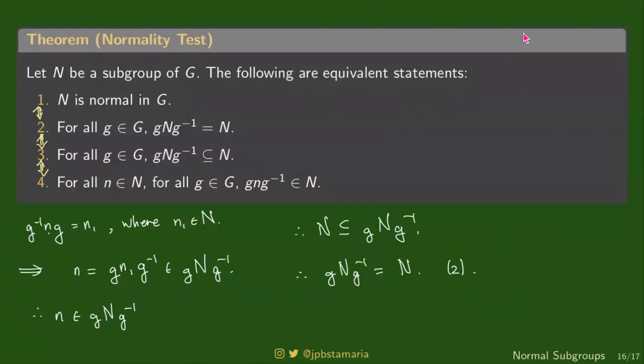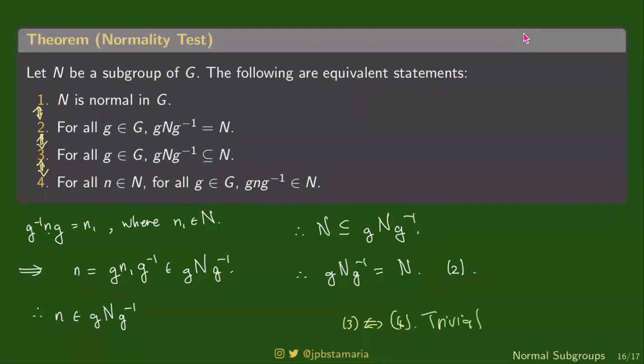Kung titignan niyo mabuti yung number 4, sinasabi lang niya kung ano sinasabi ng number 3. Kapag kumuha ka ng maliit na n sa capital N, kumuha ka ng maliit na G sa capital G, yung G n G inverse, nasa loob lang yun ng N.